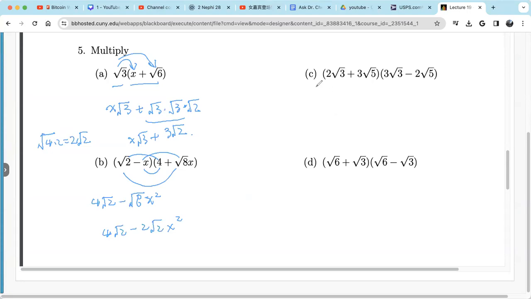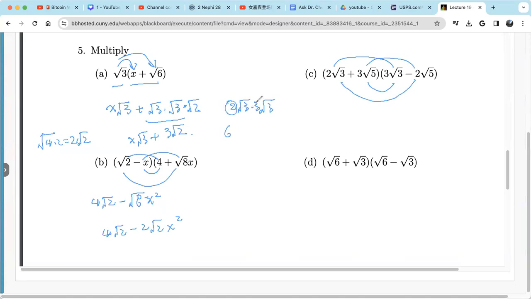Now let's see C. C, we do the same thing. We multiply these two, we multiply these two, then we multiply these two, then we multiply these two. So 2 radical 3 times 3 radical 3. Let's put it on the side. We multiply 2 with 3, we get 6.